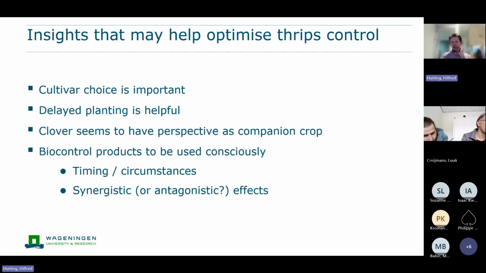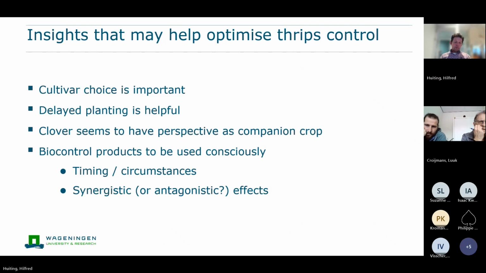What we do know, and that's not really a conclusion, is that biocontrol products need to be used consciously. The reason why I put it down is that, based on the findings in the demo, we think humidity is a component, so that really stresses proper timing and finding the right circumstances to apply these products.